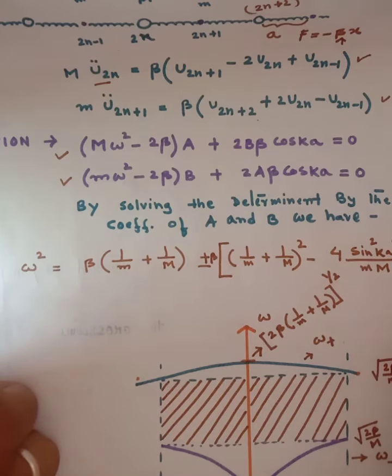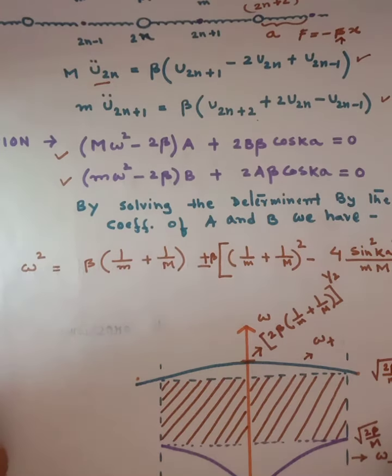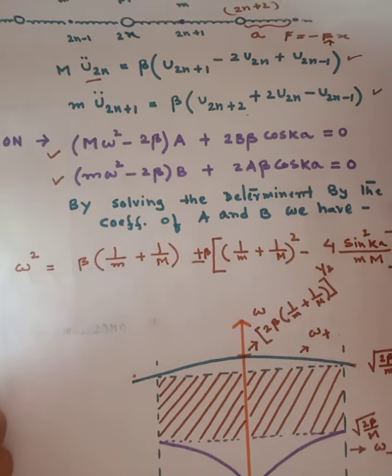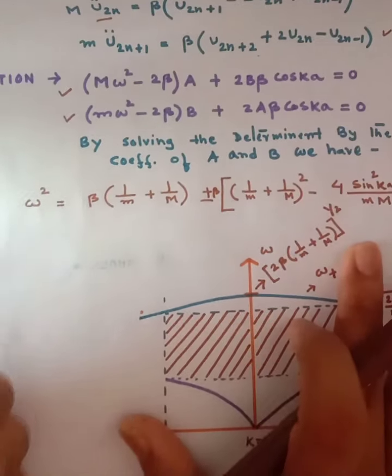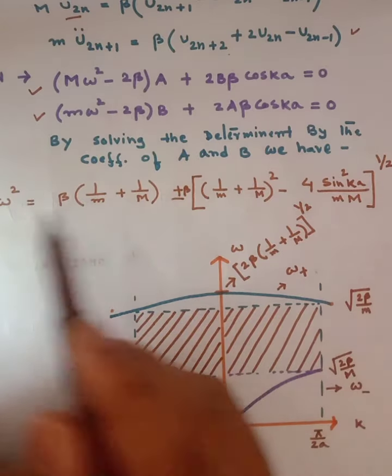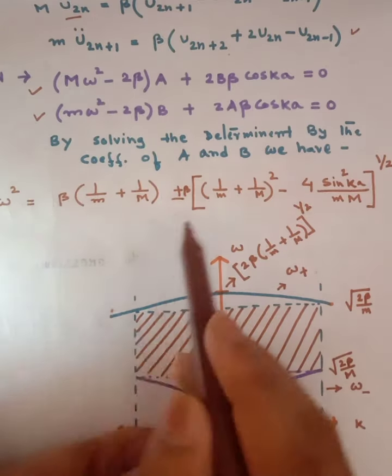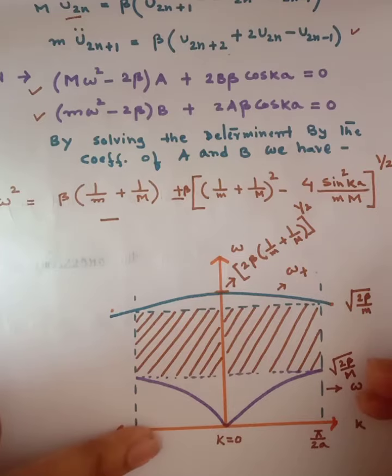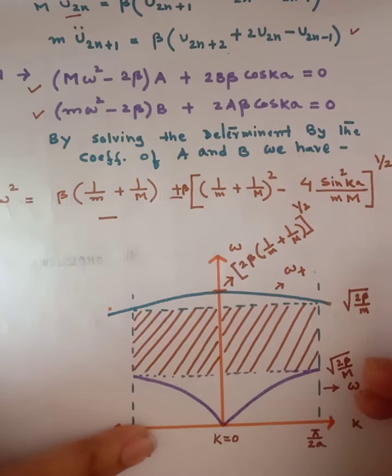Of course, these two amplitudes can't be zero, so we form a determinant by taking the coefficients of A and B, and if we equate that determinant to 0, we get the dispersion relation for the diatomic lattice. So this equation is the dispersion relation for the diatomic lattice.